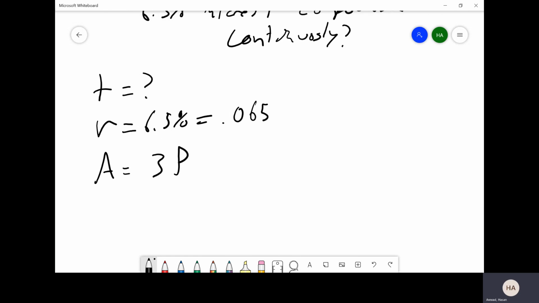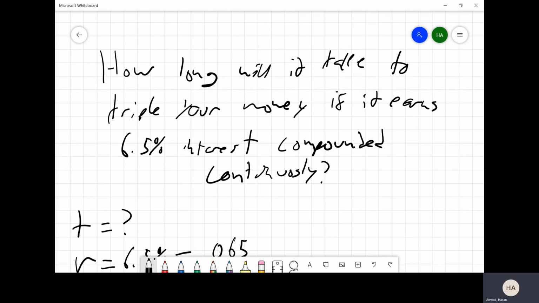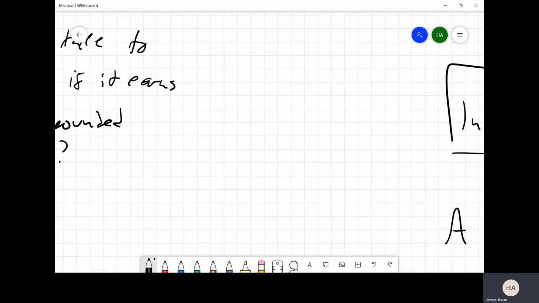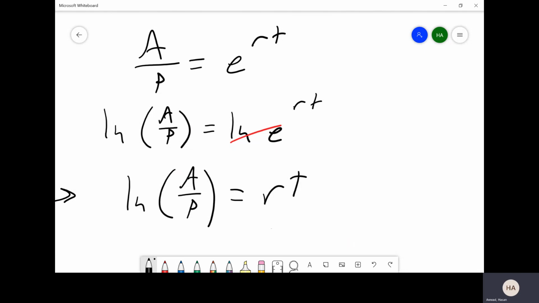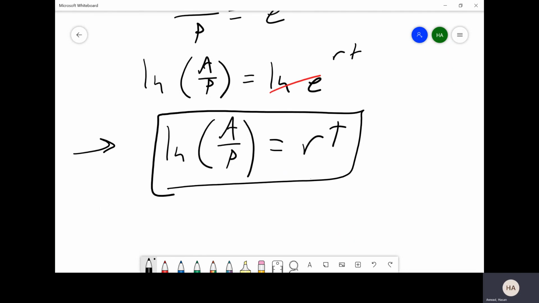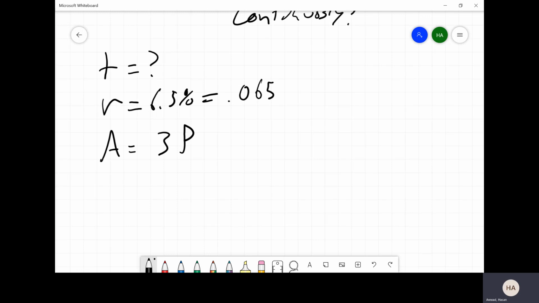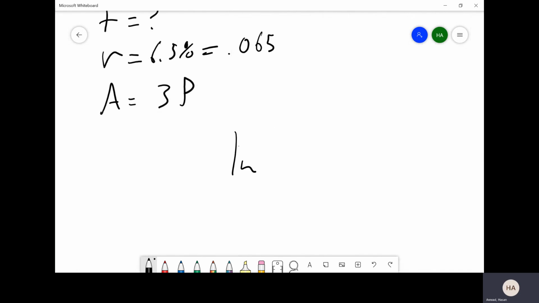A is 3 times whatever your initial investment was, because the question is asking how long it takes to triple your investment. And before we continue, our takeaway here is we have to use the logarithmic form because we're solving for t. So writing this in logarithmic form, this is the natural log of A over P is equal to rt.